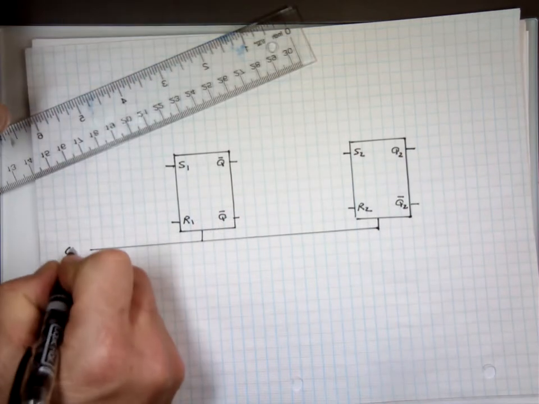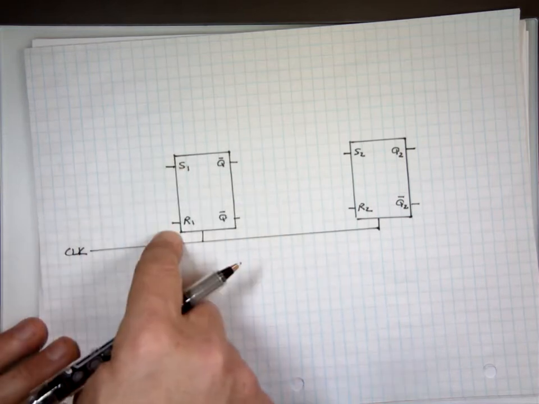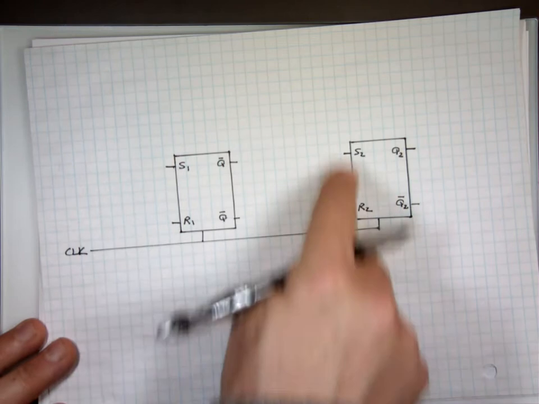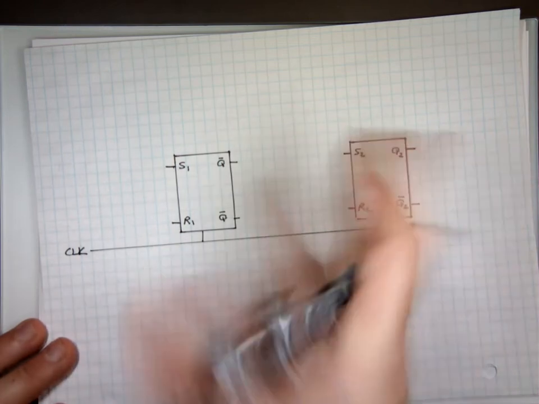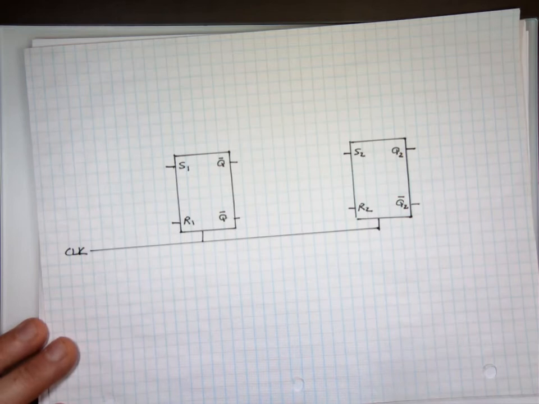CLK, clock. And the question is, what are you going to attach to S1 and R1, S2, R2, to actually give me that diagram? Also, we have an output here. If you remember from the state diagram, we have an output.